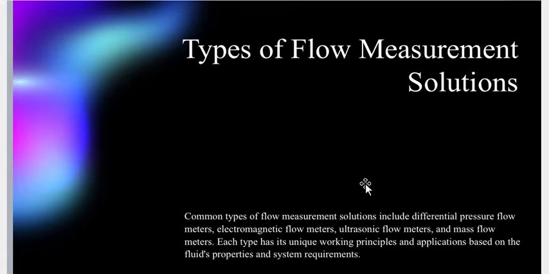The advantages are high accuracy and no pressure loss. It works with dirty and corrosive liquids. When a liquid is dirty, it has some conductive content, and corrosive liquids are also conductive.